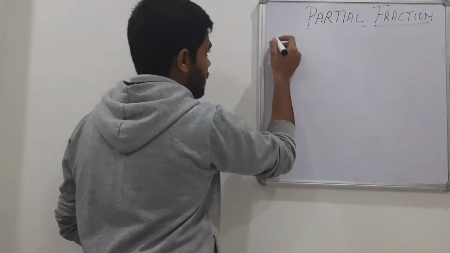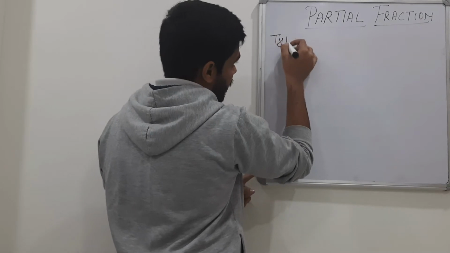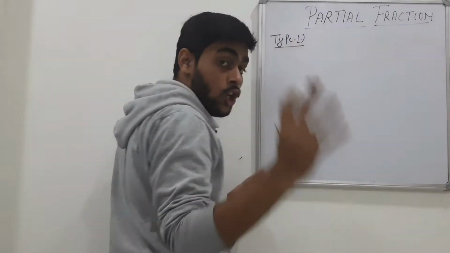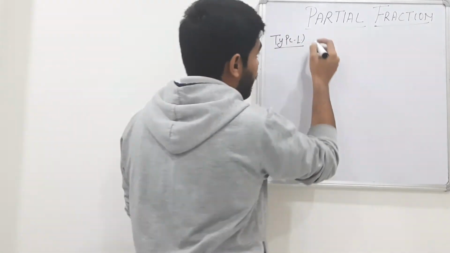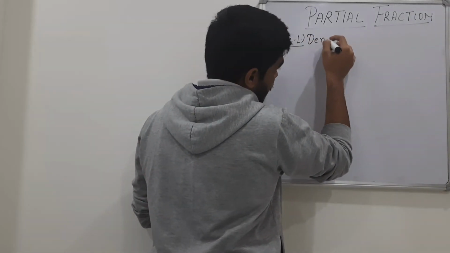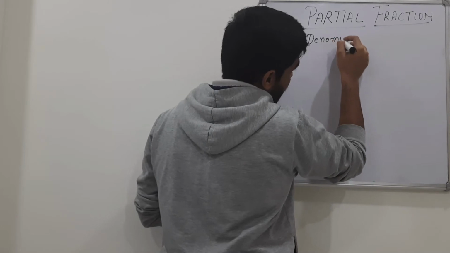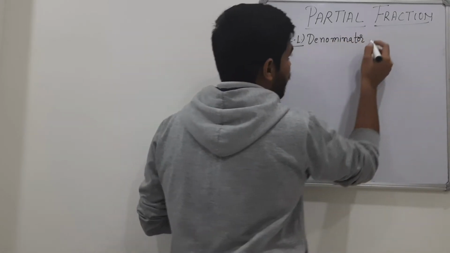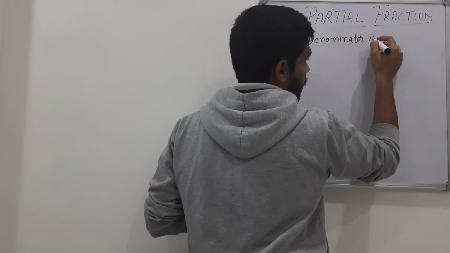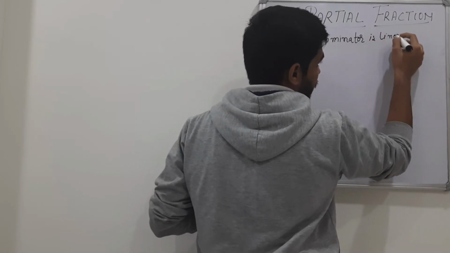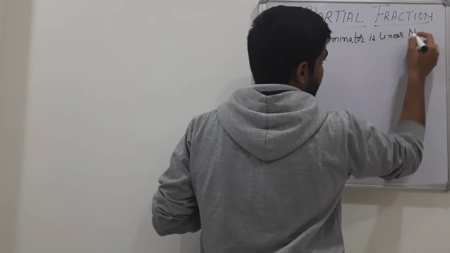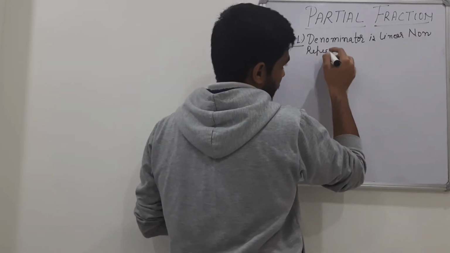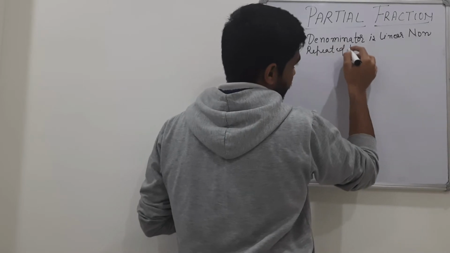So the first type of this is type 1 problem, when the denominator of the rational fraction is a linear, non-repeated factor.